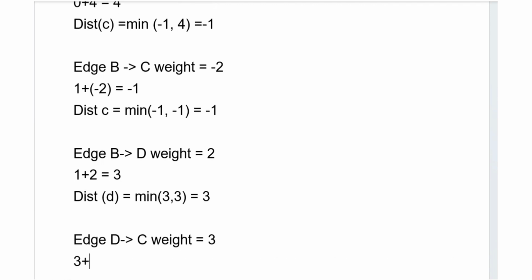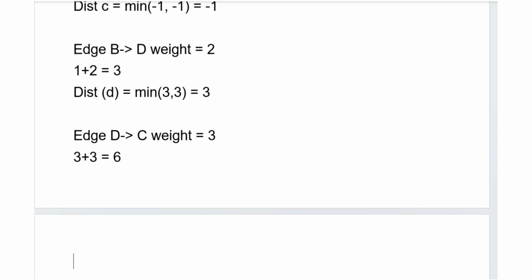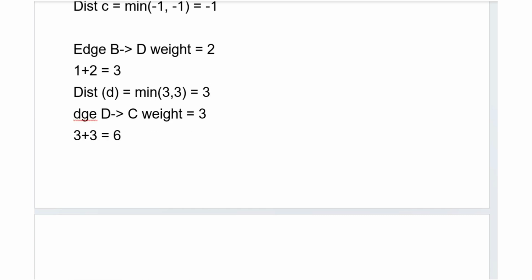So next we need to take edge B to D. The weight is 2. 1 plus 2 is 3.